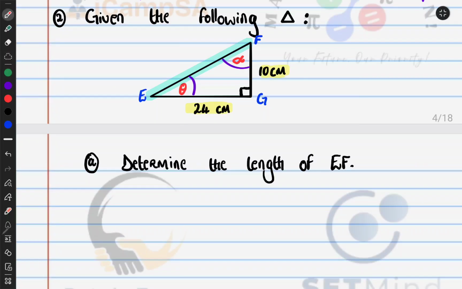So EF is the hypotenuse side, so we're going to say the square of the hypotenuse side EF is equal to the sum of the other sides, which is EG squared plus FG squared.